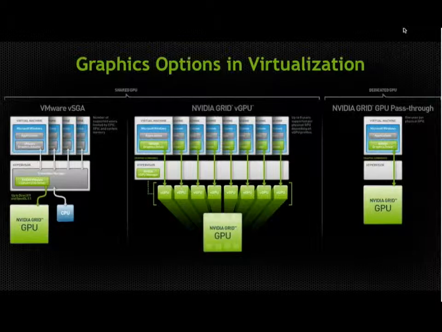VGPU. So I've essentially inserted that in the center, although I've flopped VSGA and pass-through here. Notice now that the green boxes are in the guests. So again, there's the green box. Instead of a driver inside the hypervisor, what you see is a GPU manager.